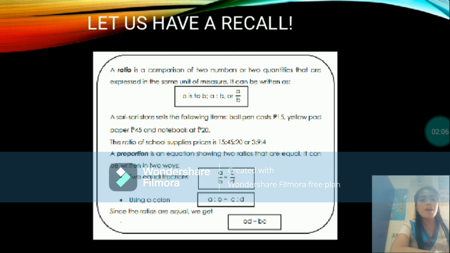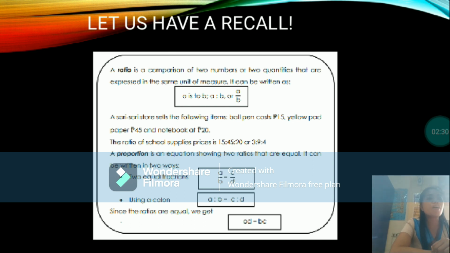By the way, you might be asking why we kept on discussing ratio and proportion. It is because these are the prerequisite concepts that we need to recall before we discuss partitive proportion later on.